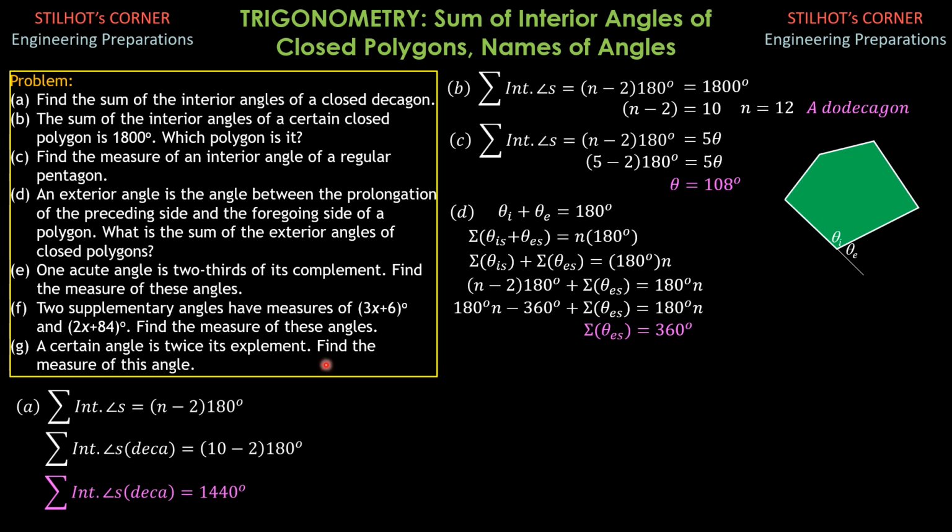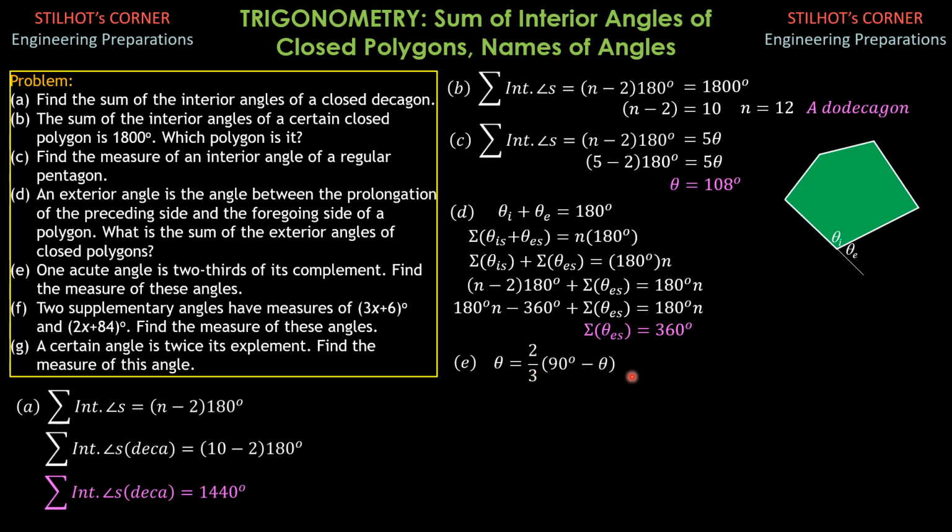Then, one acute angle is 2/3 of its complement. Find the measure of these angles. We will call the acute angle theta, and its complement is 90 degrees minus theta. So theta is equal to 2/3 of its complement, 2/3 of 90 degrees minus theta.